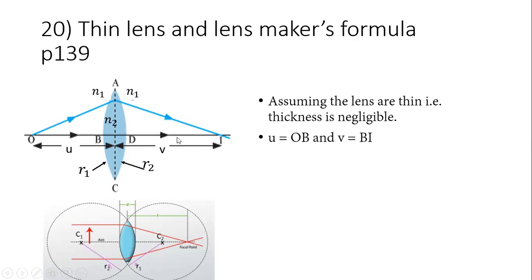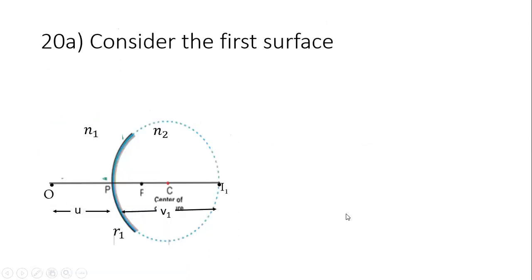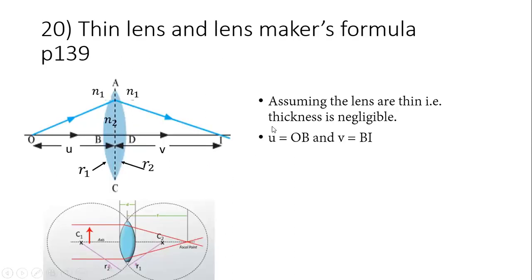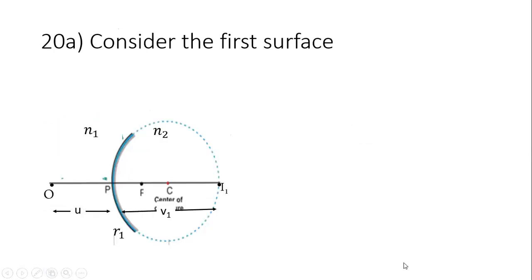BI, okay? Because your reference on this surface there, BI is your image distance. So let's look at the first surface there. Forget about the other surface. Remember, we are not looking at mirrors.